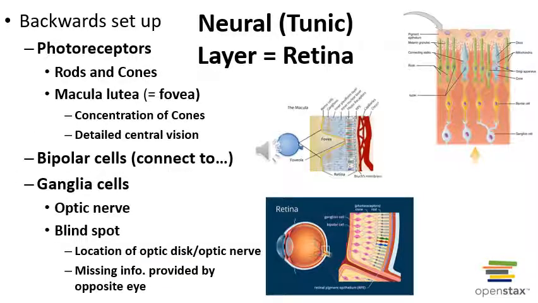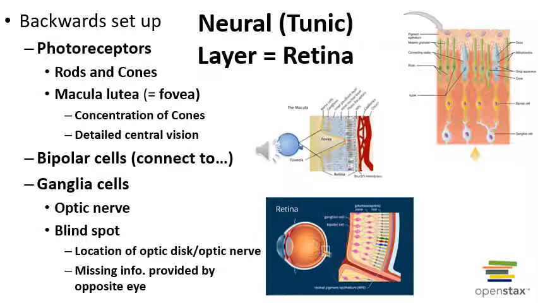Let's take a look at the organization of the neural layer, sometimes called the neural tunic. Now, you'll remember that the posterior wall of the eye, that would be the posterior wall of the posterior chamber, is the retina, and it's lined with photoreceptors.